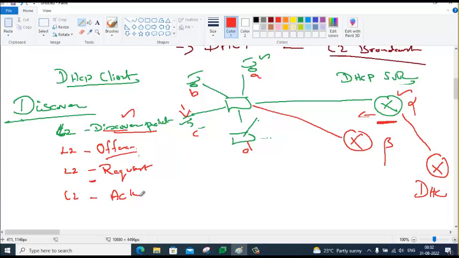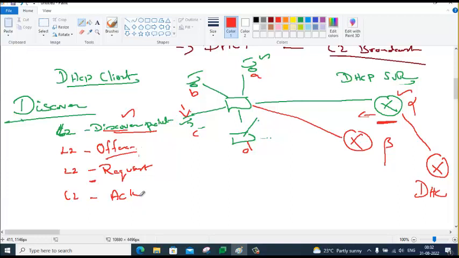DHCP in IPv6 is only needed to provide the DNS address, for which there is no need for discover, offer, and all. It just provides the DNS address, so it uses a multicast address to deliver that.